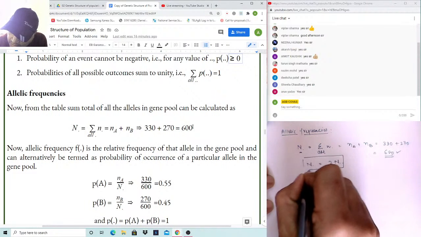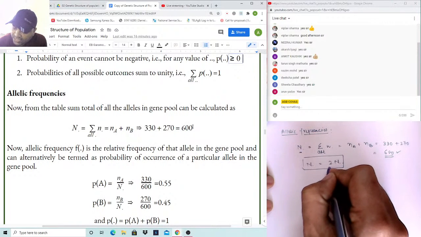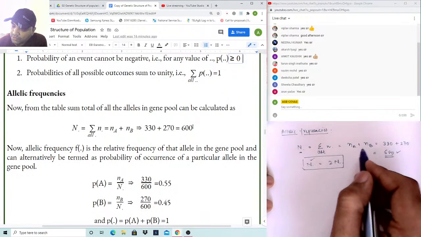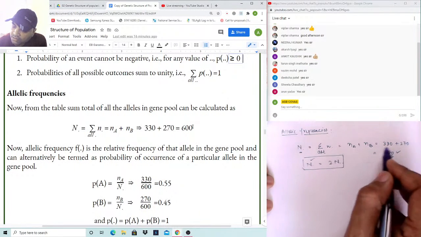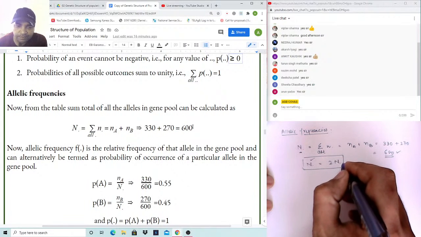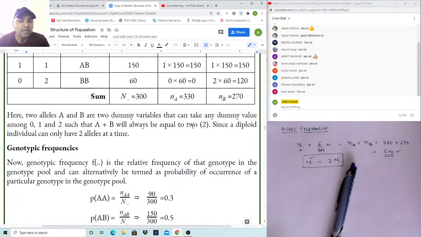That is, if you double the number in the genotype pool, you get the alleles. Let it be 3 alleles or 4 alleles, they all sum up to twice this n dot dot. Here we had n dot dot as 300, so if you multiply that by 2, that is the sum of Na plus Nb.